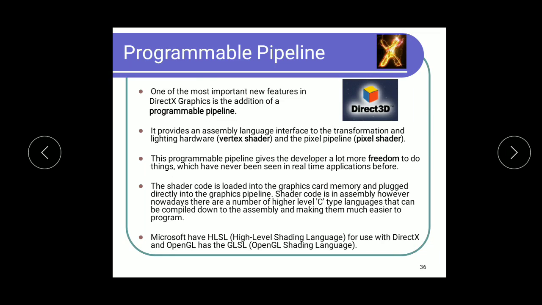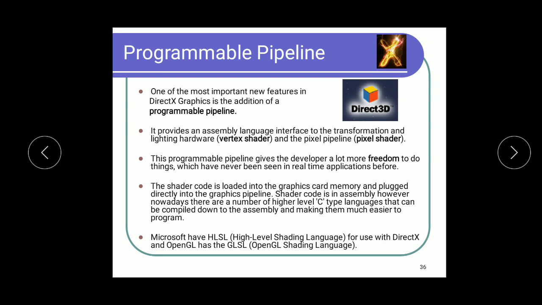Then it's a program. Then programmable pipelining. What does programmable pipelining do? One of the most important features in DirectX graphics is the addition of the programmable pipeline. It provides an assembly language interface to the transformation and lighting hardware, that is the vertex shader, and the pixel pipeline, that is the pixel shader.